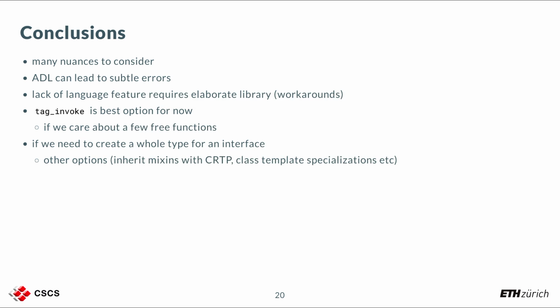So if you have just a few functions you want to customize, tag invoke is what you probably want to do. If you want to create a whole type with all kinds of properties for an interface, then you might want to consider other avenues. Okay? So this was a short excursion in the weird world of ADL and CPO.